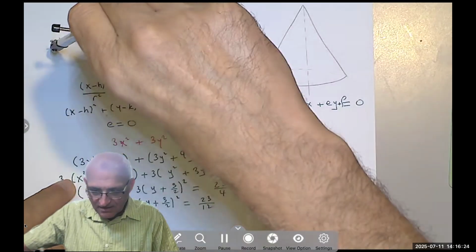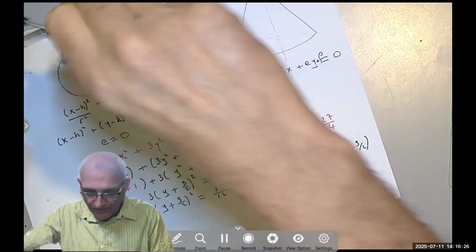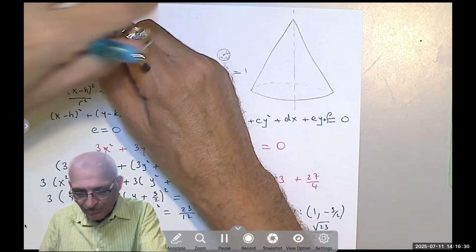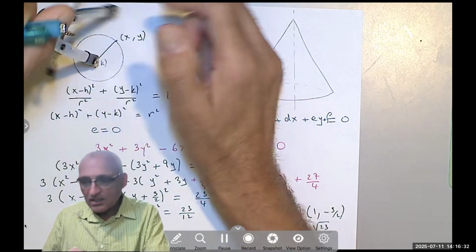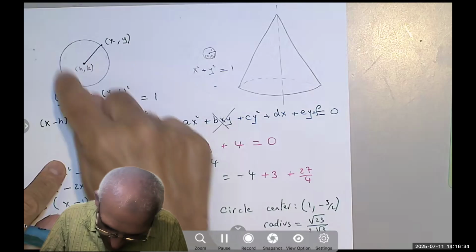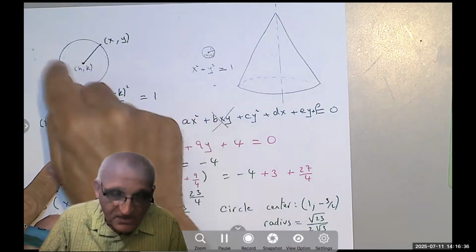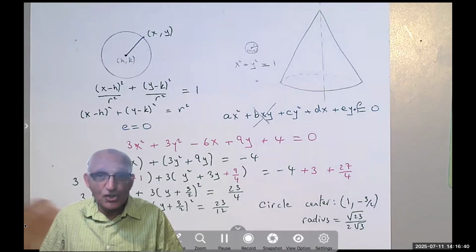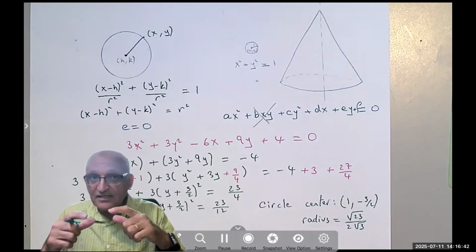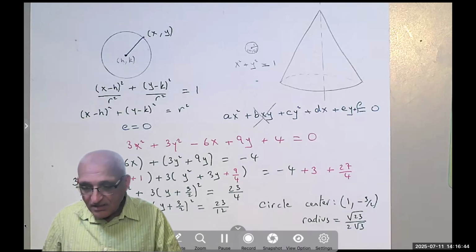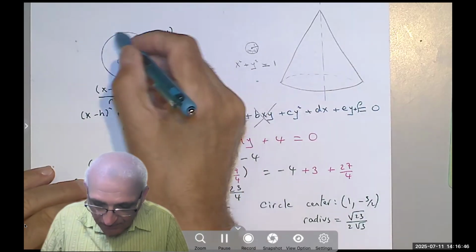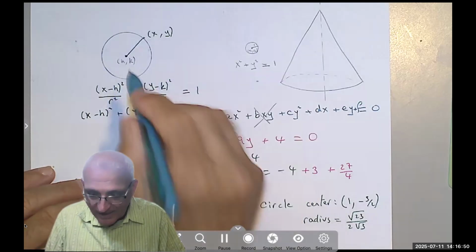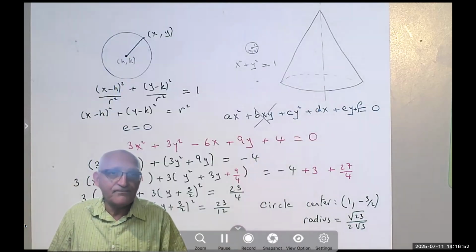We place the center here, and if you open it to the distance r and rotate it all along, then all these points are equidistant from the center. So a circle is the location of all points that are equidistant from another point called the center.